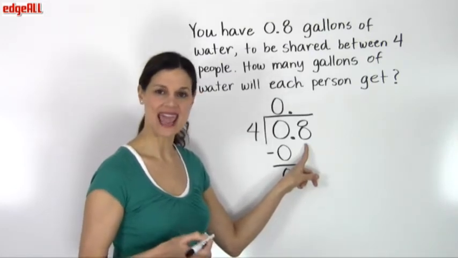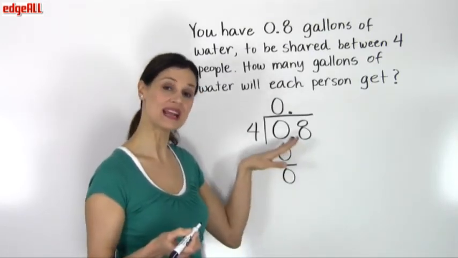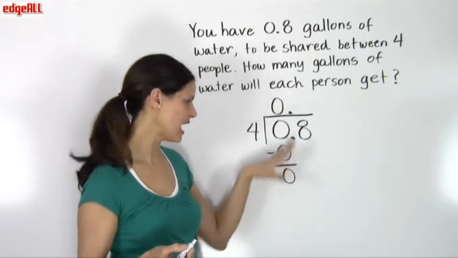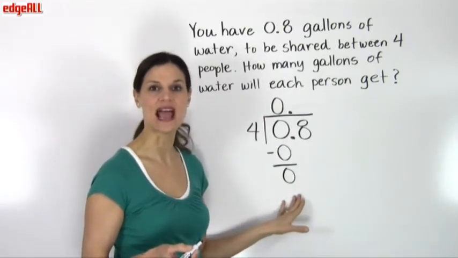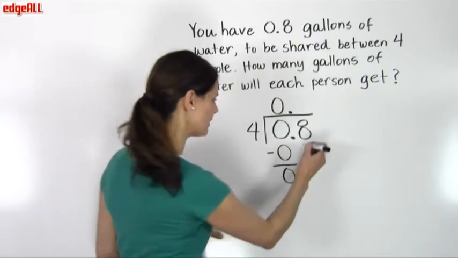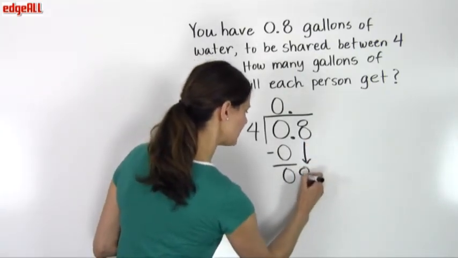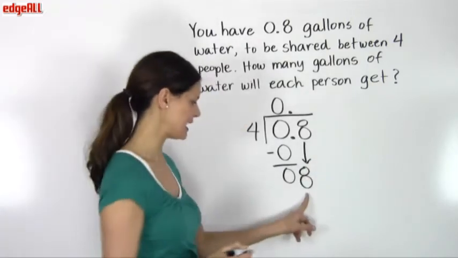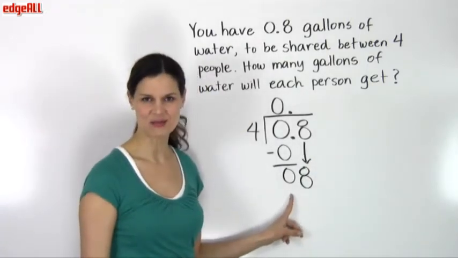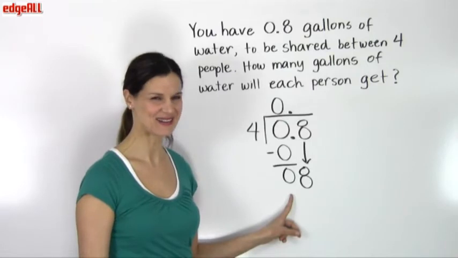In this case, it's the 8 that's to the right of the decimal point, but I don't need to worry about that down here. I don't need to bring any decimals down. I simply bring down the 8 that's in the next position, and I put it right here, adding it to the end of my remainder from the previous calculation, which was 0.